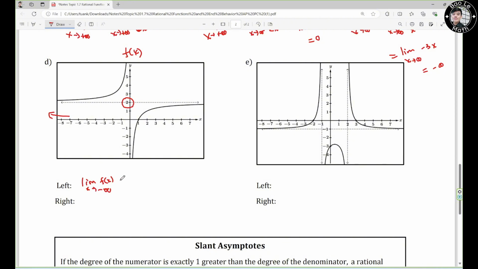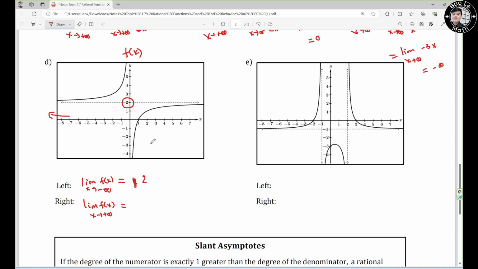So it equals 2. Now, the limit of the function f of s when s approaches positive infinity is also 2.